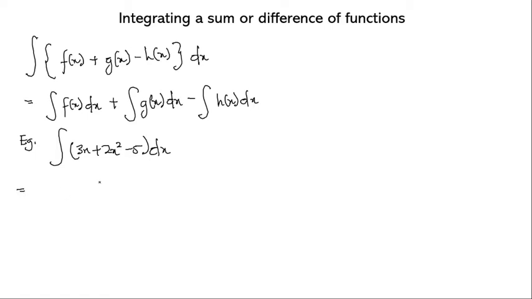So this will be equal to the integral of the function 3x dx plus the integral of 2x squared dx, minus the integral of 5 dx.